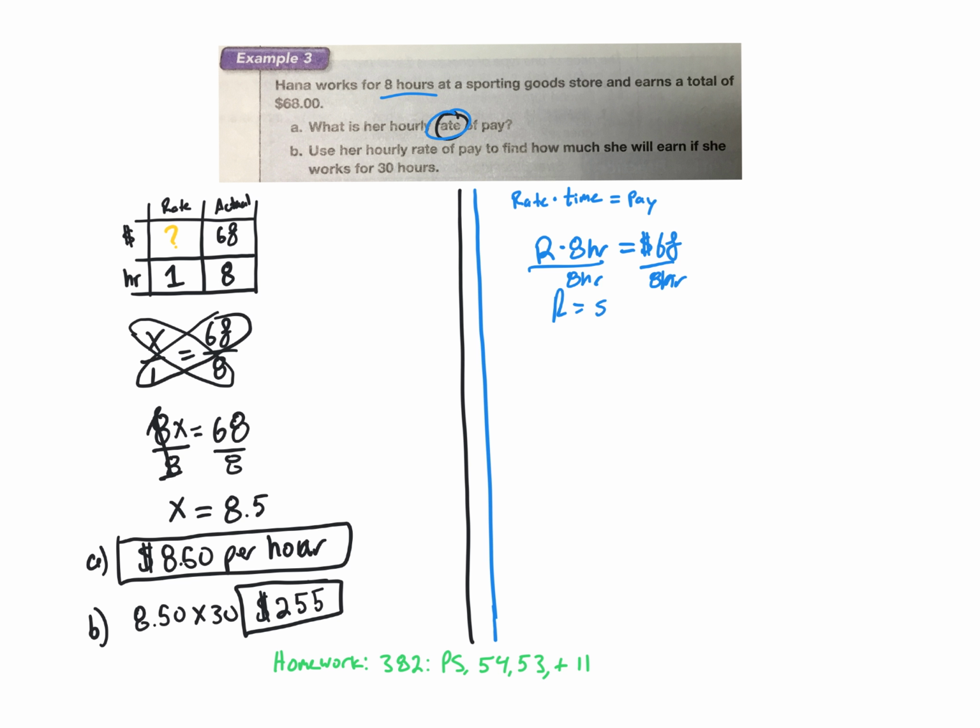So this is going to be $8.50 per 1 hour. So the answer to A here is $8.50 per hour.